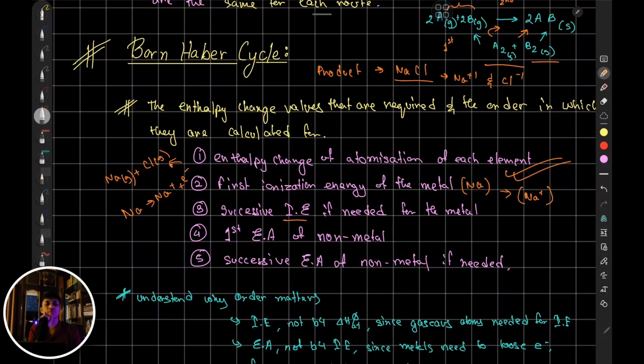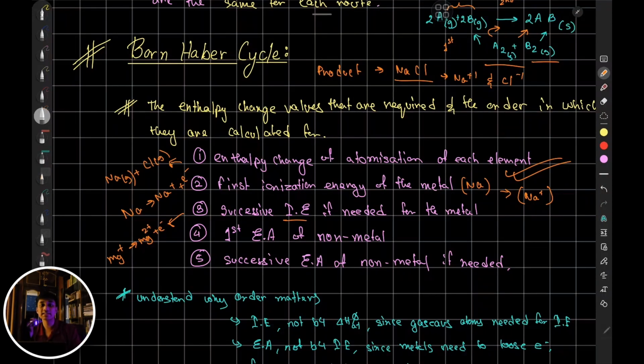Let's say this was not sodium and it was MgCl2. In that case, you would have the second ionization energy, or Mg+ to Mg2+. Therefore, the successive ionization energy would be Mg+ to Mg2+ plus 1 electron.